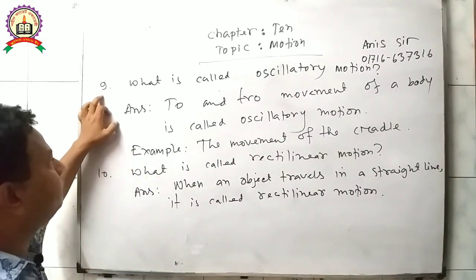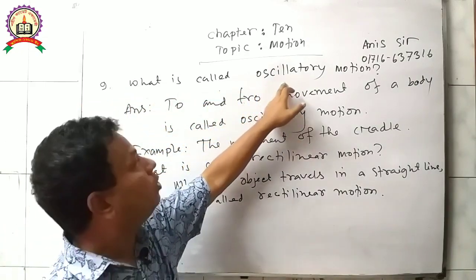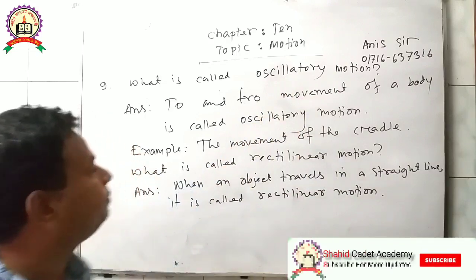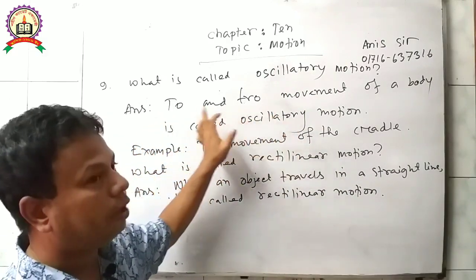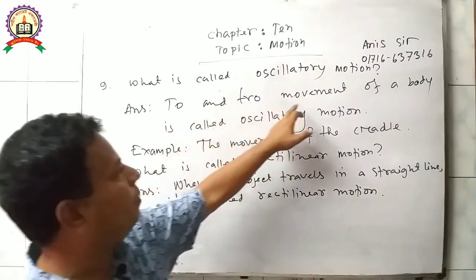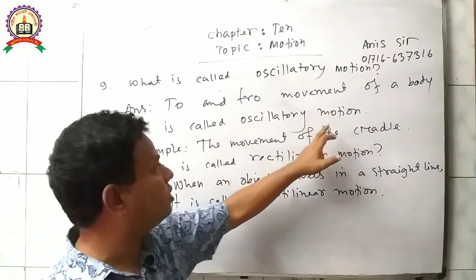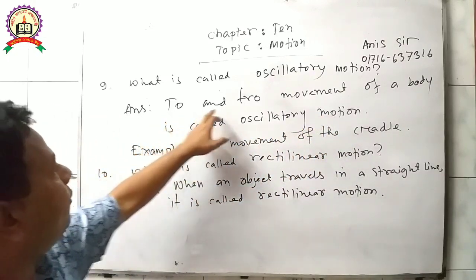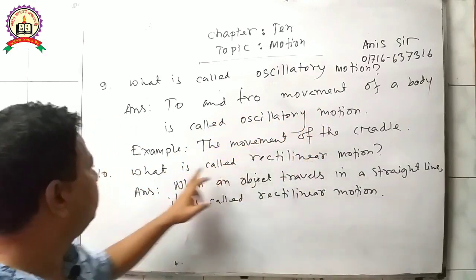Now question number 9. What is called oscillatory motion? Answer: To and fro movement of a body is called oscillatory motion.